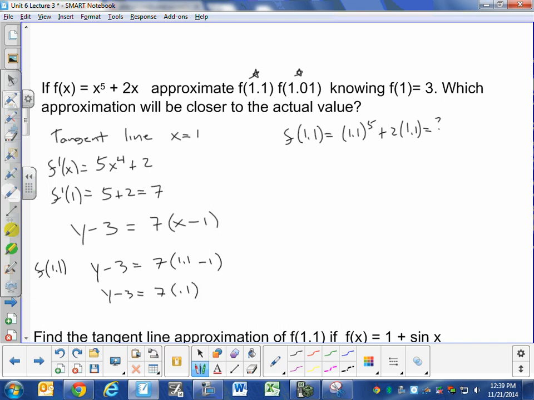Now, instead of putting this as 7/10 and having to deal with fractions, 0.1 times 7 is just 0.7. I add 3 to 0.7, I get 3.7. I think 1.1 to the 5th plus 2 times 1.1 is approximately 3.7.